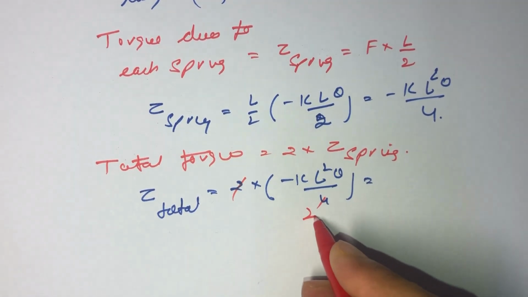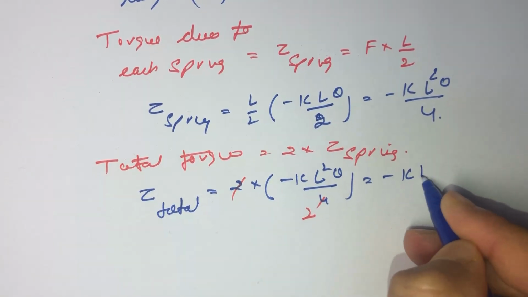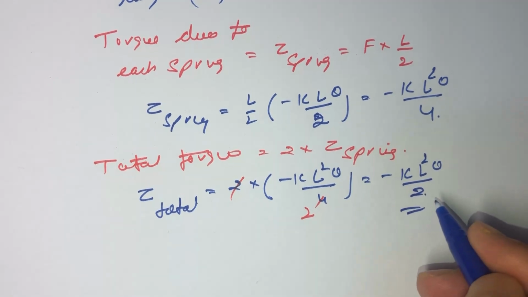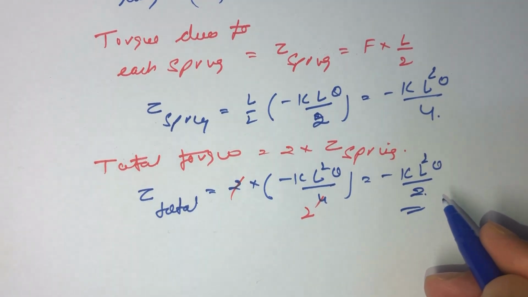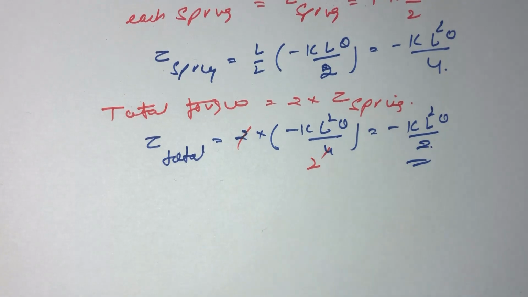This goes by 2. So we get tau total is equal to minus k L square theta divided by 2. So we found out that our total torque because of both springs is given by minus k L square theta by 2.